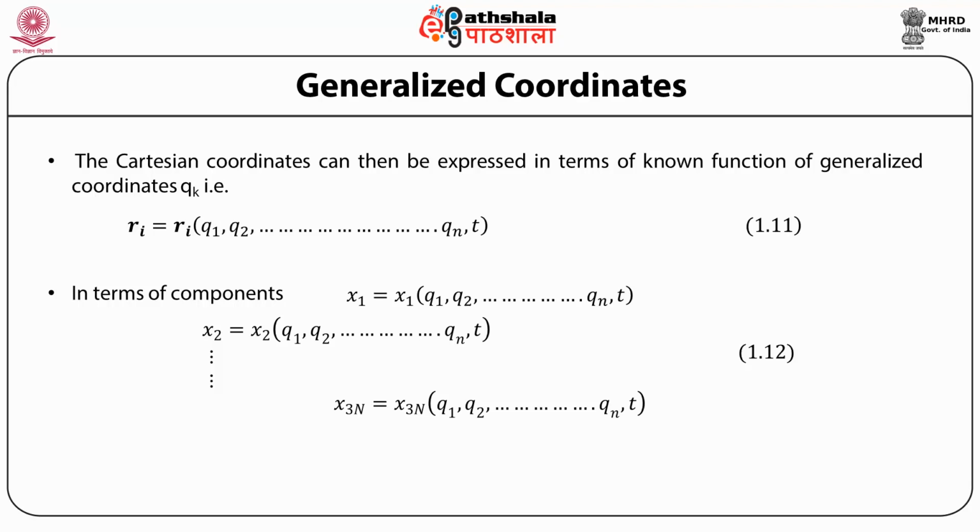So ri is the position vector, so it can be written in terms of components. Each ri has 3 components, say x1i, x2i and x3i.